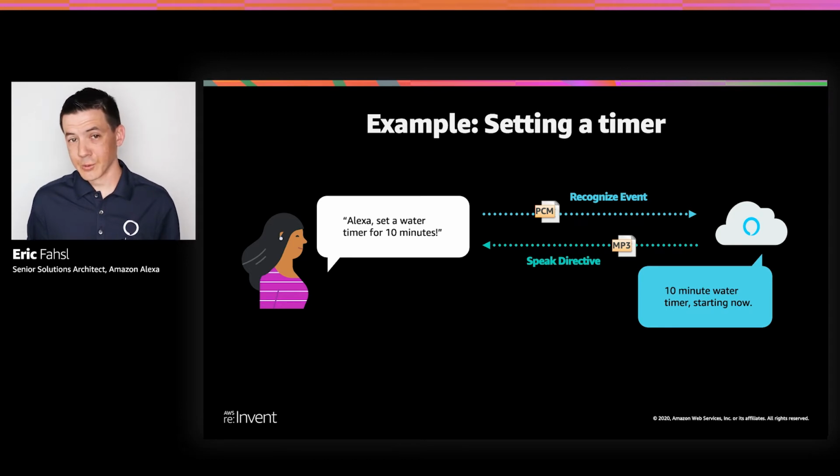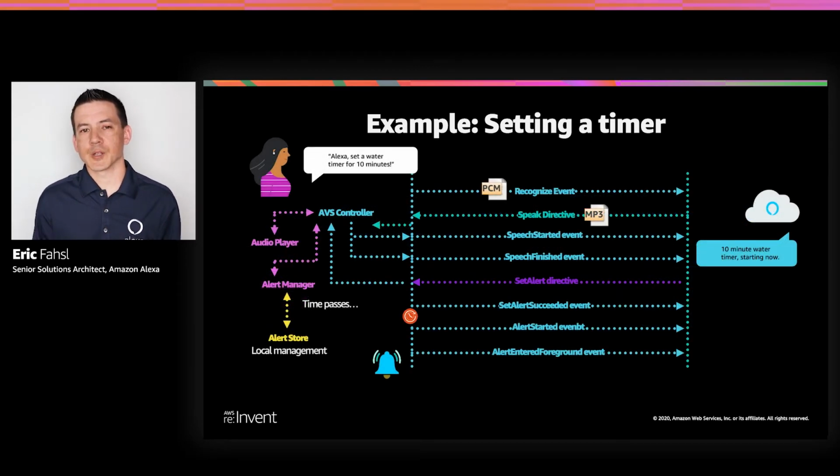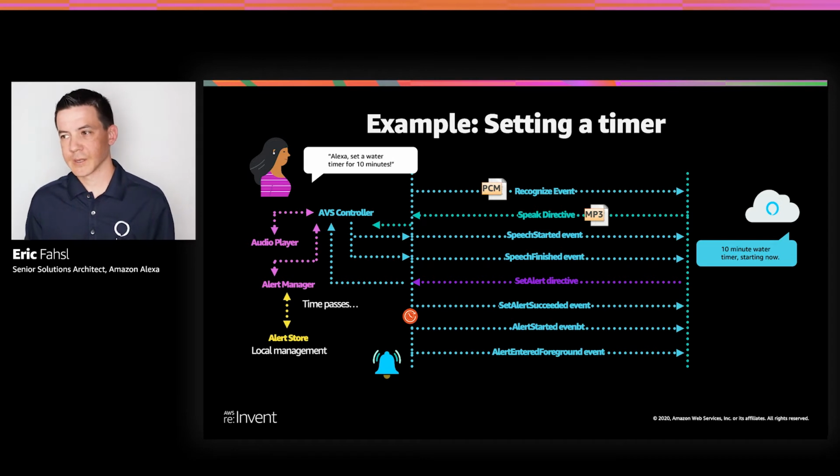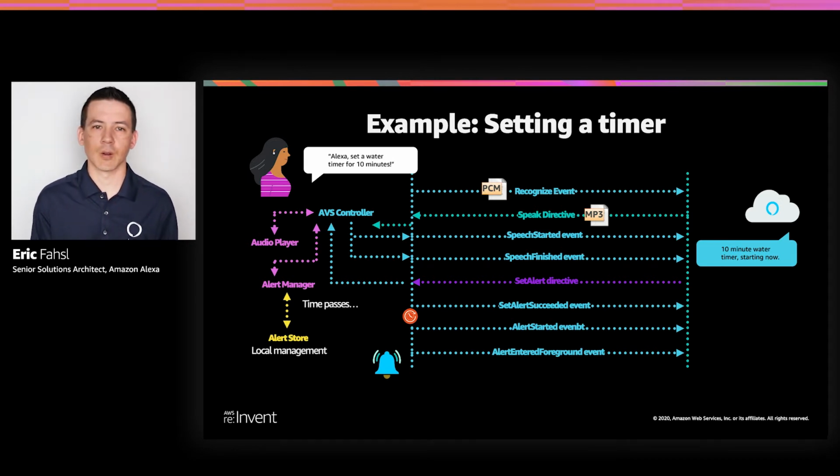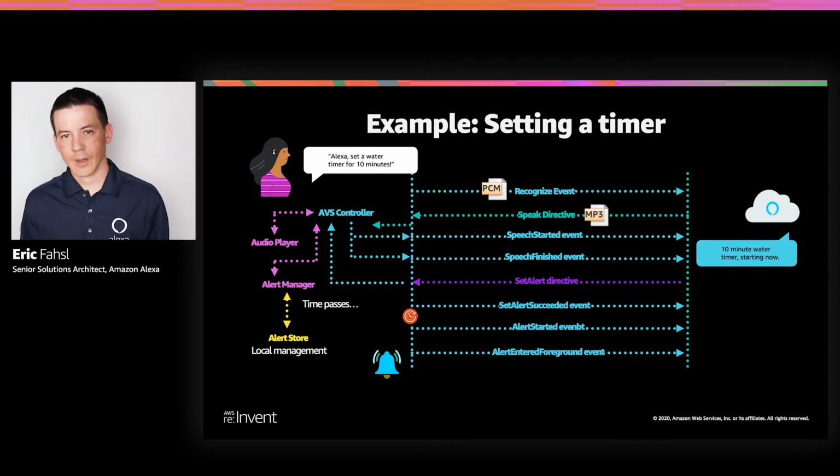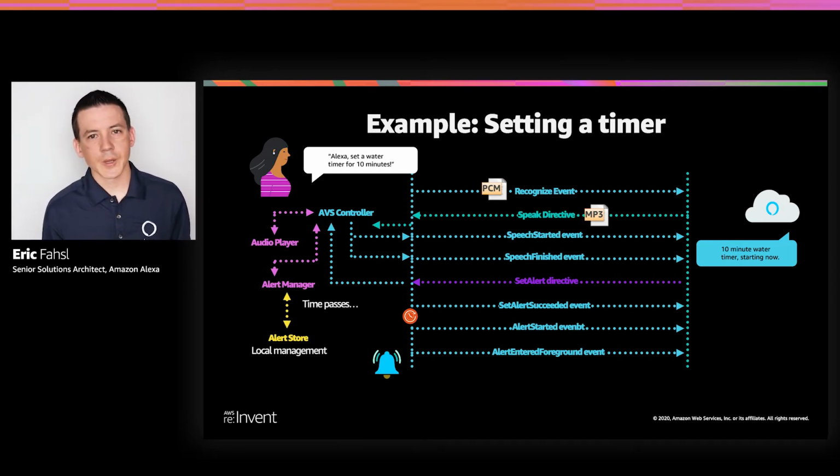That way, in case the device loses internet connection, the timer still goes off. We don't burn our bread in the oven, etc., right? But also, there's a variety of communication going back and forth between device and the service, saying that the alarm was set, has succeeded, when the alarm goes off, etc. So it's actually quite a bit more complicated than it seems, especially for some of these scenarios.